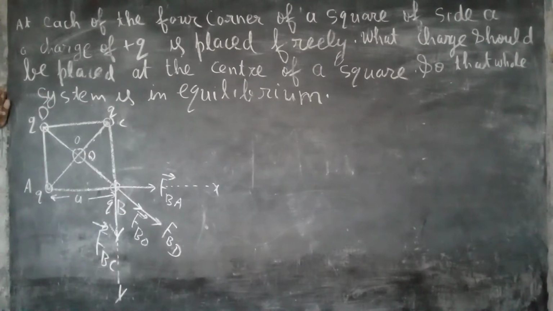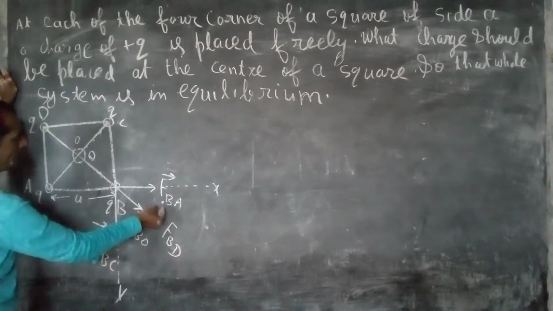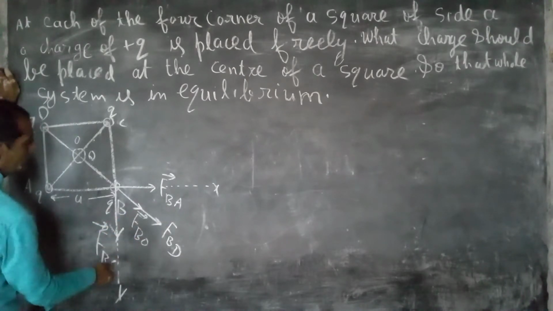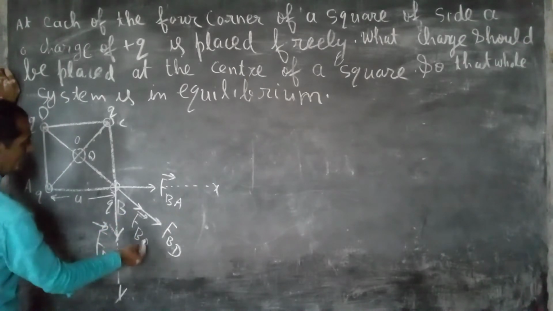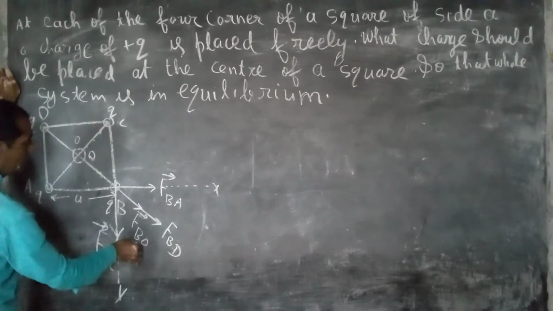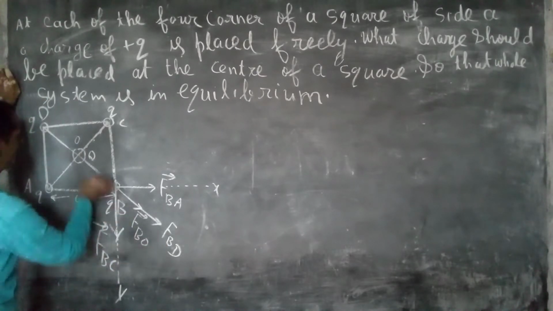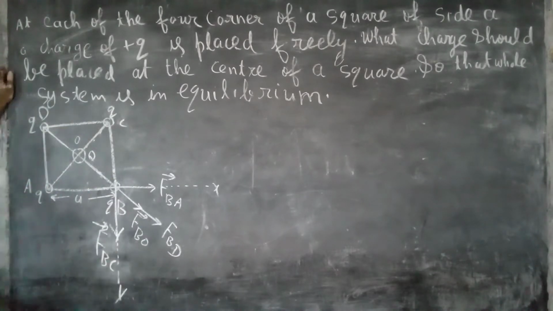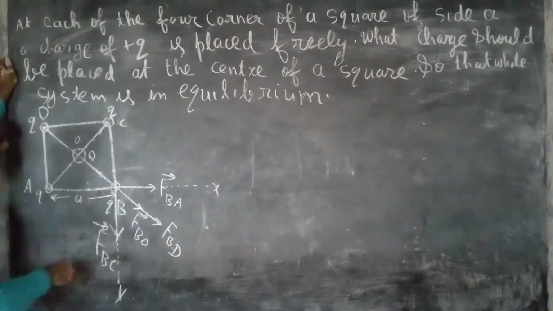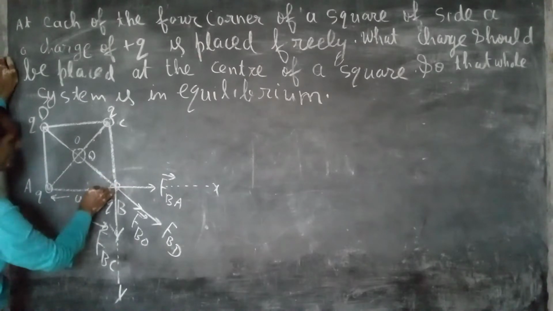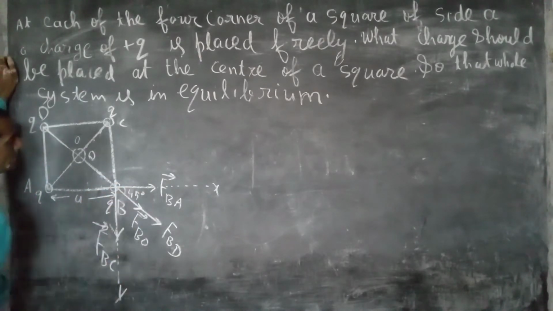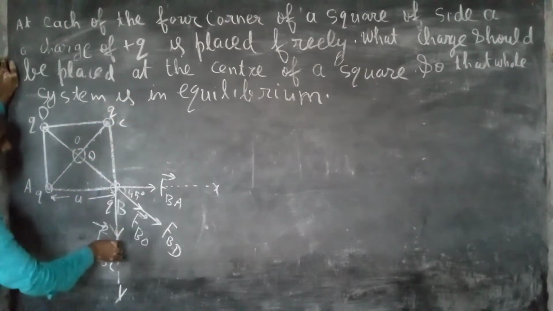FBA is already in the x direction, and FBC is already in the y direction. We have to resolve FBD and FBO into x and y directions. This is the diagonal of the square, and the diagonal makes 45 degrees with the side. So this angle is 45, and this angle is 45.